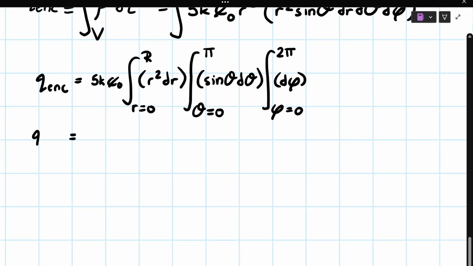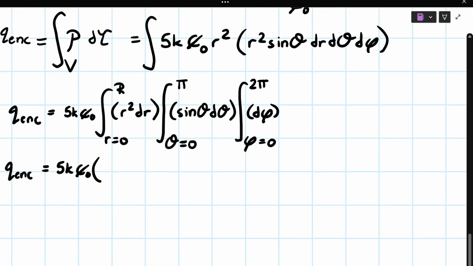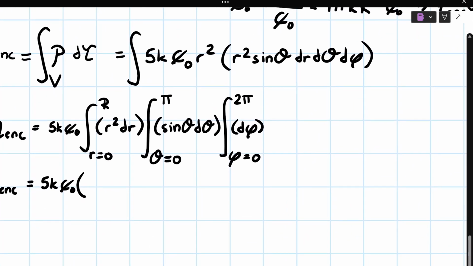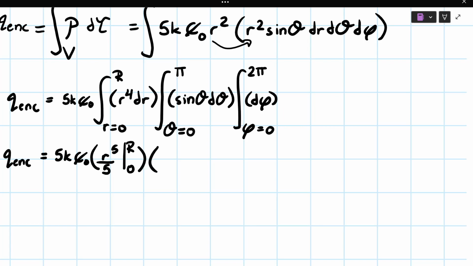We get that q enclosed will be 5k epsilon naught times the result of this. Oh, wait, messed up here. R squared times R squared, that's R to the fourth. Sorry. All right, that's an important distinction there. It's because these two are multiplied together. R to the fourth integrated will be R to the fifth over 5. So we have R to the fifth divided by 5, and we go from 0 to R for that, times the result of this, which we found was 2.